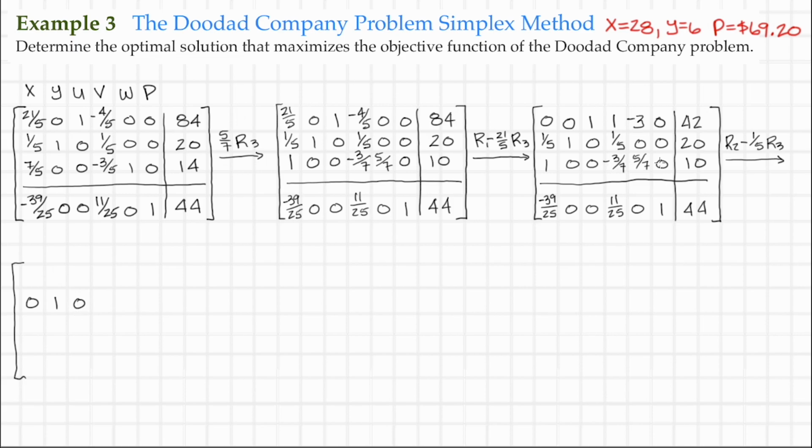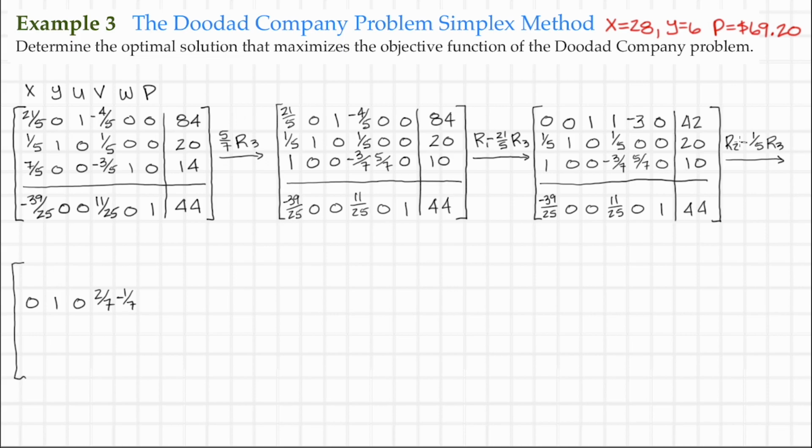Negative 3/7 times 1/5, that's negative 3/35. 1/5 minus negative 3/35, or in other words, 1/5 plus 3/35 is 2/7. 5/7 times 1/5 is 1/7, and 0 minus 1/7 is negative 1/7.